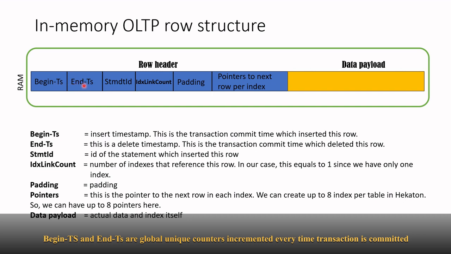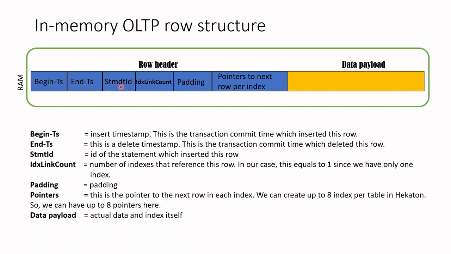Then comes End TS. This is the delete timestamp, the transaction commit time, or we can call it counter, of the transaction which deleted this row. Then comes the statement ID of the statement which inserted this row. Then IDX link count, the number of indexes that reference this row. In our case, we have one hash index, so this should be equal to 1.